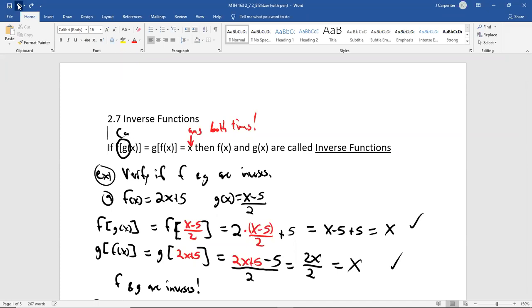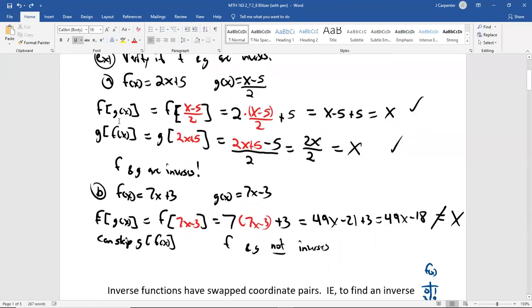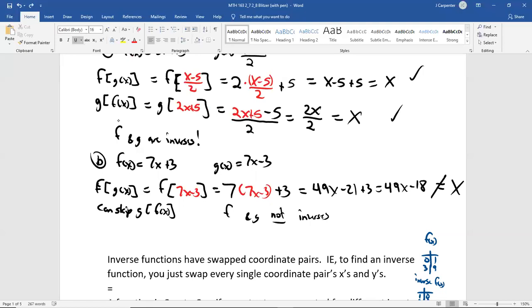We said that you have to do the composition both ways in order to say that two functions are actually inverses, and they both have to equal that very specific x. So even if you do the composition one way, if it's not x, then you stop. But just because you get x for one of them does not mean that the second version has to be x as well.